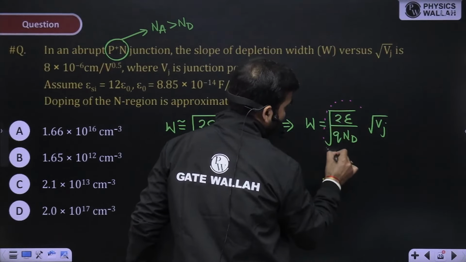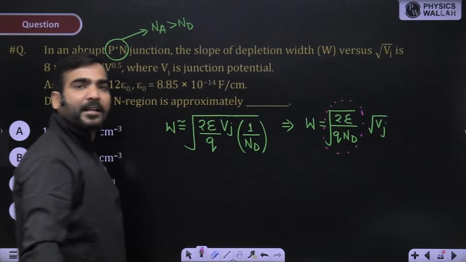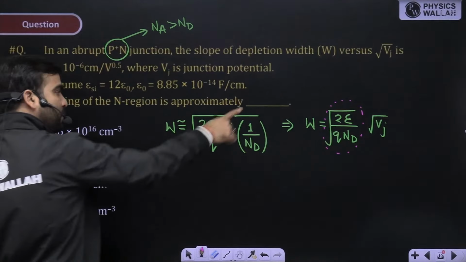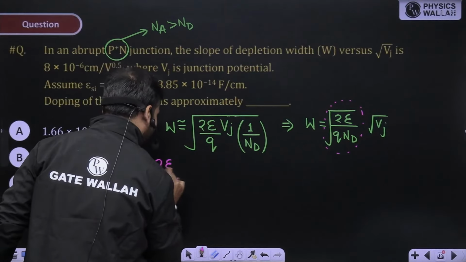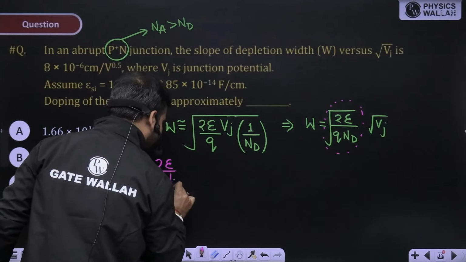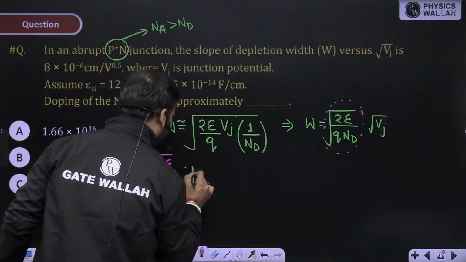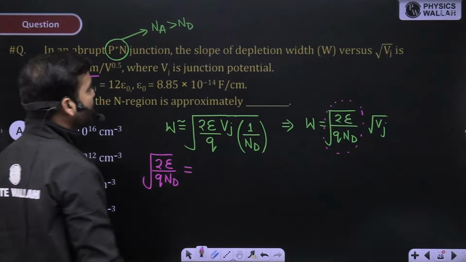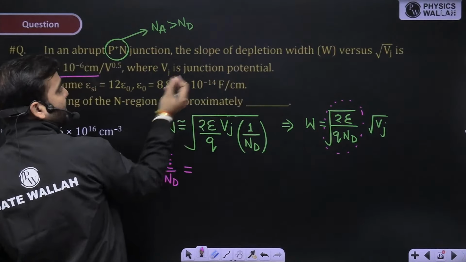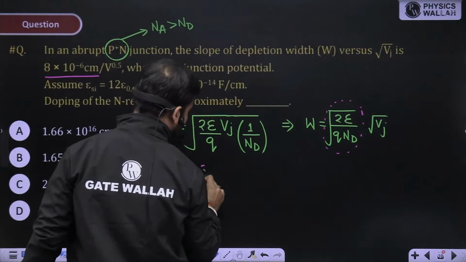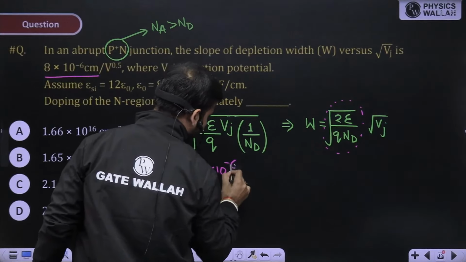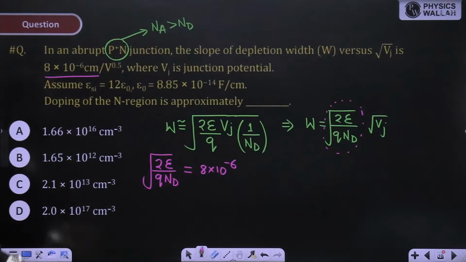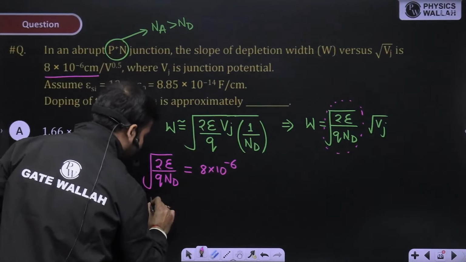So the slope is under root of 2 epsilon upon Q Nd. This slope is given as 8 into 10 to power minus 6. The slope of depletion width versus under root Vj is given as 8 into 10 to power minus 6, with units centimeter per under root volt. Just take square on both sides.